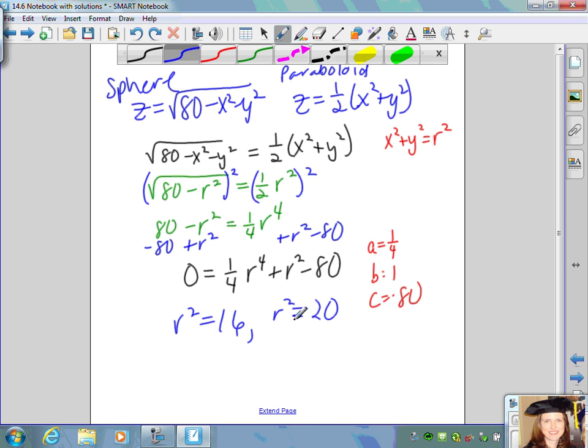Now, it doesn't make sense that r squared could equal a negative number. We call that an extraneous solution, so we can eliminate that as an option. But we do get r squared is equal to 16. And when we go back and make that substitution, we can say x squared plus y squared is equal to 16. And that is an equation for a circle, and the radius of that circle is equal to 4.